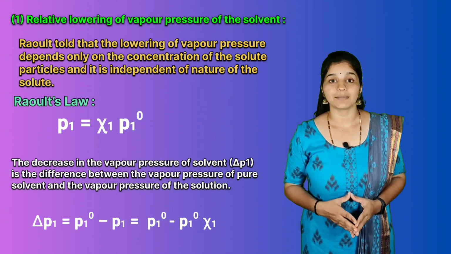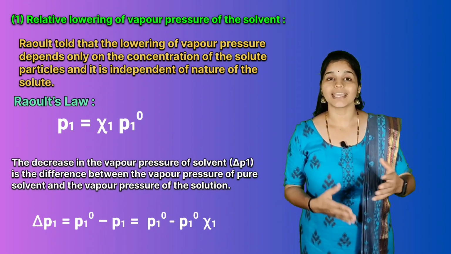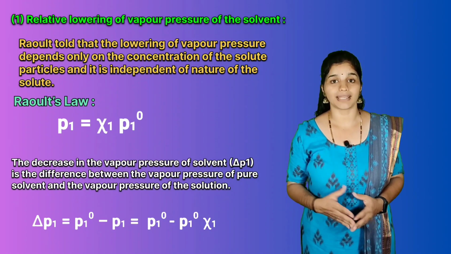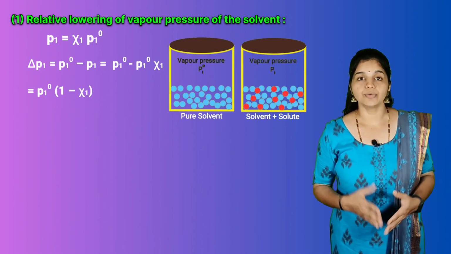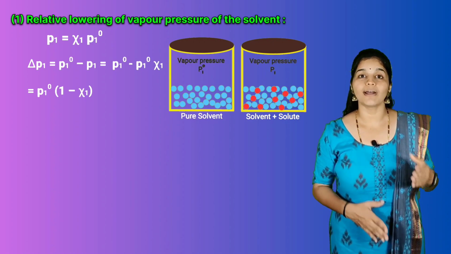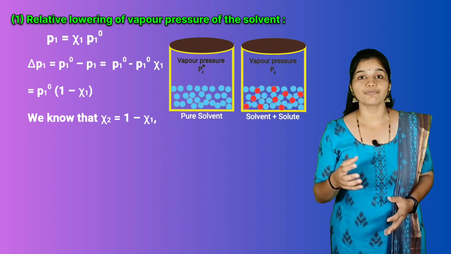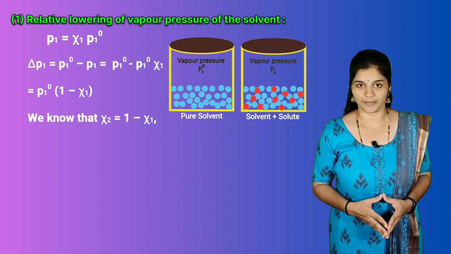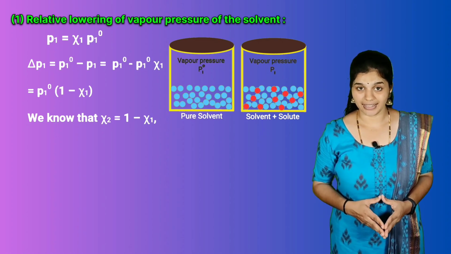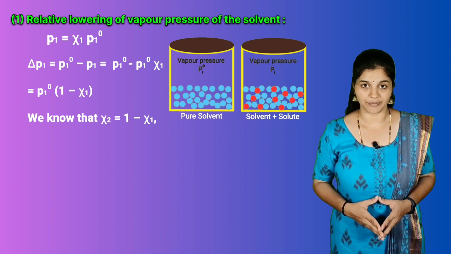P1 can be written as P1 naught into chi1. So the expression is P1 naught minus P1 naught into chi1, which is equal to P1 naught into (1 minus chi1). We know that sum of mole fractions of the individual components is equal to 1, and therefore we can write chi2 is 1 minus chi1.